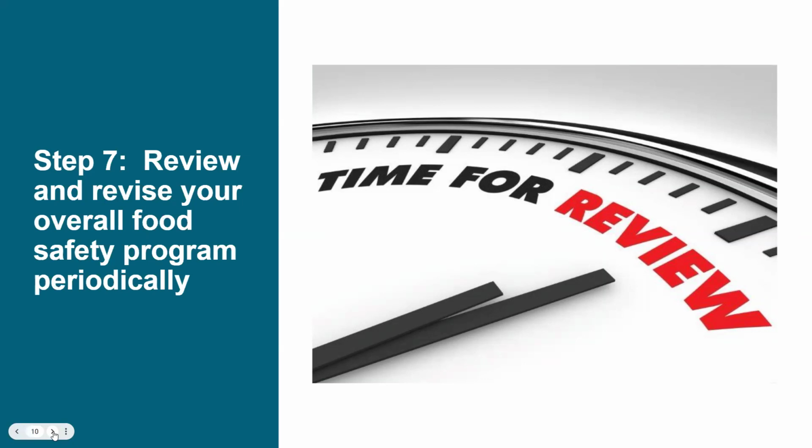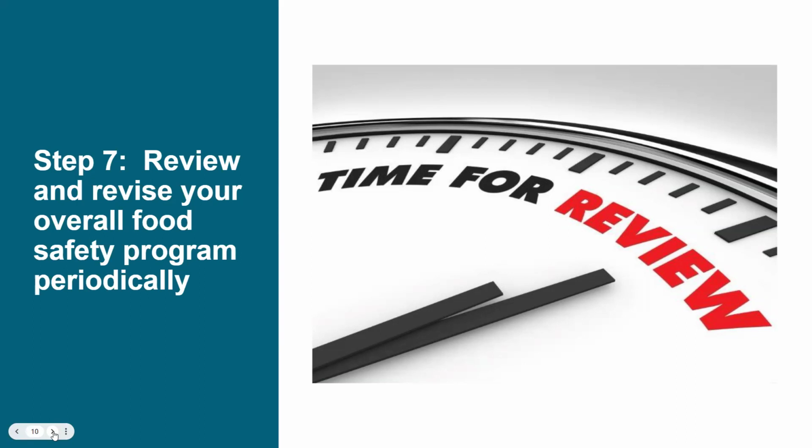Designated individuals, such as the manager, should periodically make observations of employees' monitoring activities, calibrate equipment and temperature measuring devices, review records and actions, and discuss procedures with all employees. All of these activities should take place regularly to verify that the program is addressing the food safety concerns, and if not, checking to see if it needs to be modified or improved.